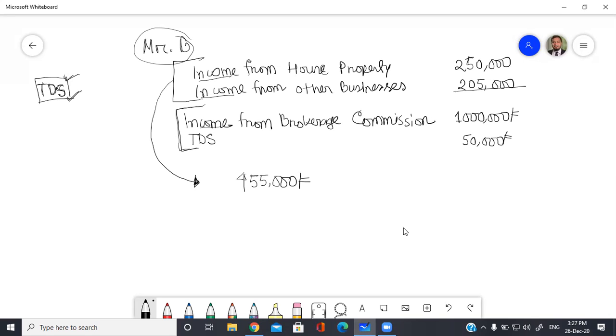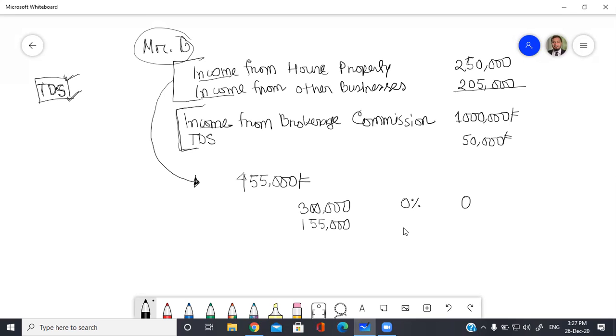For the first 300,000 taka of Mr. B's income, how much is the tax rate? 0%. In that case, the tax amount will be 0. Then the remaining is 155,000. On this remaining 155,000, how much is the tax rate?